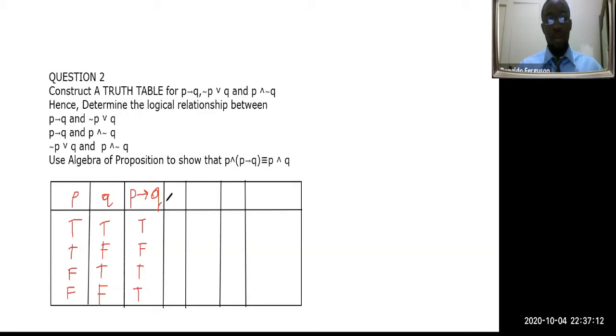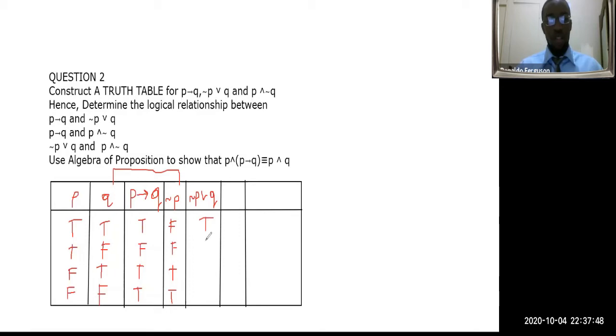Then right here now, we have the negation of P. The negation of P is going to be false, false, true, true, because we're negating P. Then the next column that we need is not P or Q. We're looking at not P and Q. So true or false is clearly true.